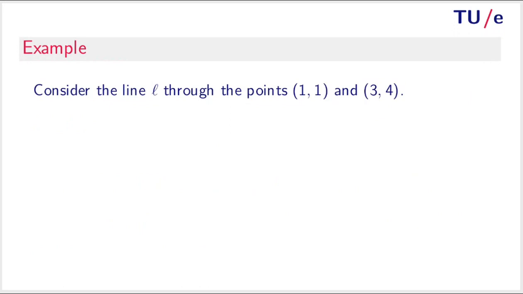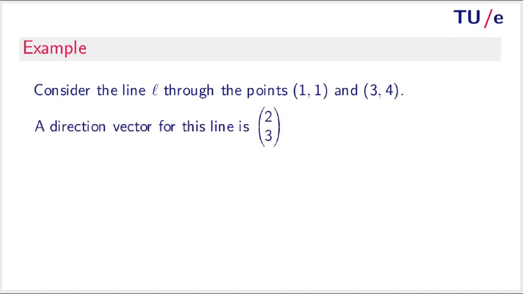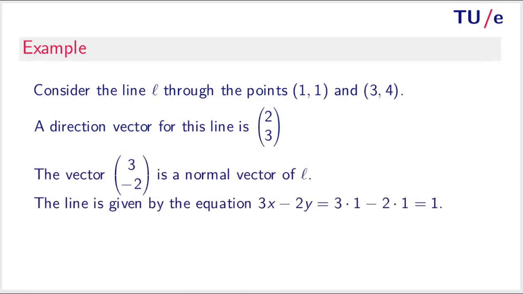For example, if we consider the line through the points (1, 1) and (3, 4), then a direction vector of this line is, of course, (2, 3). The vector (3, -2) is then perpendicular to (2, 3) and is therefore a normal vector to the line L. And then we can find an equation for this line as 3 times x minus 2 times y.